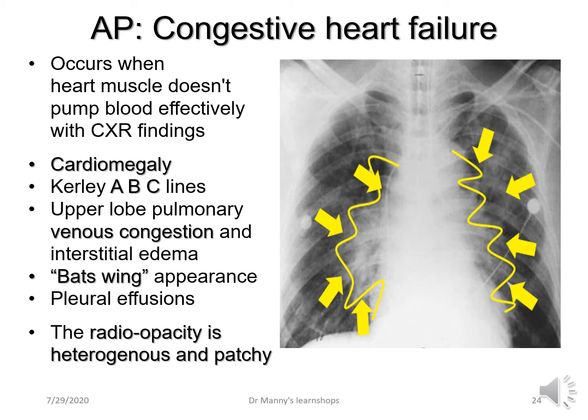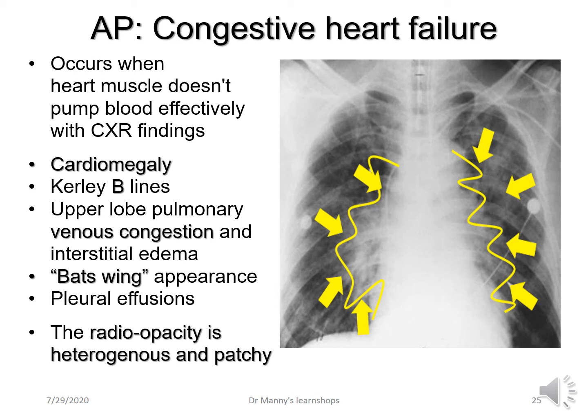In the upper lobe, there's pulmonary venous congestion. There's what's called a bat wing appearance at the central part of the lungs or close to the heart, and it can be associated with pleural effusions. But the radiopacity is heterogeneous and patchy, and you would know the person was in heart failure with their history and their physical assessment.